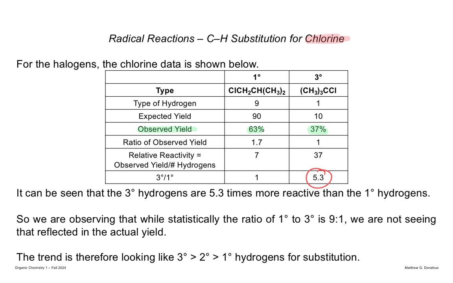So based on everything we've seen with propane and 2-methylpropane, the trend is telling us that when you analyze the molecule, a tertiary hydrogen will be substituted preferentially over secondary over primary.